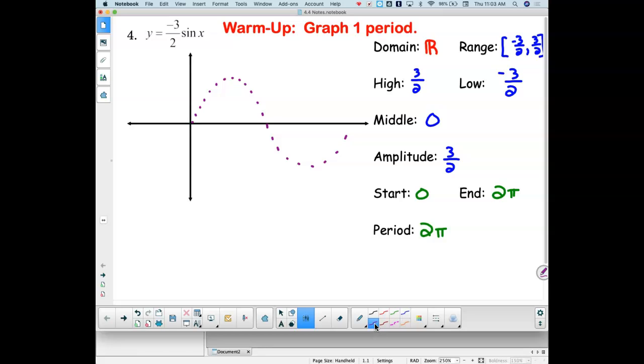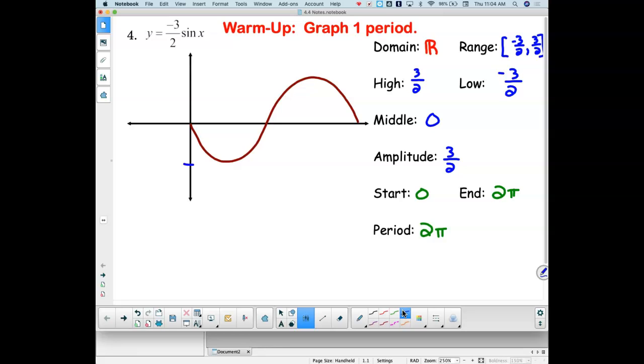But negative a value flips that all around, and so it ends up going down first, and then up.